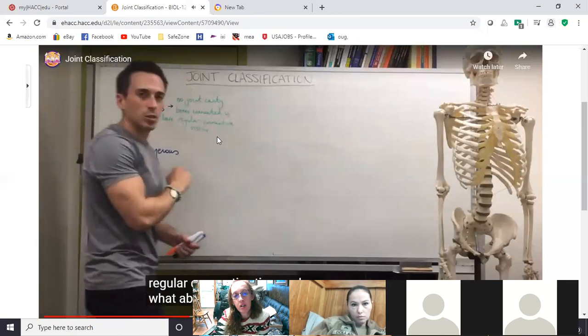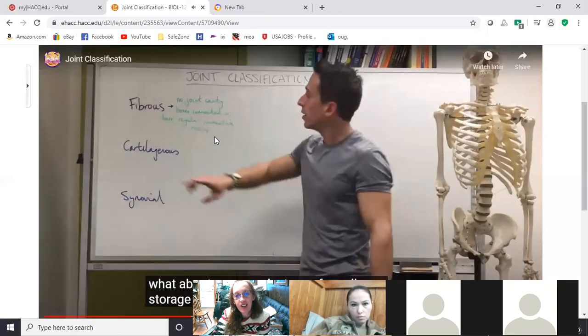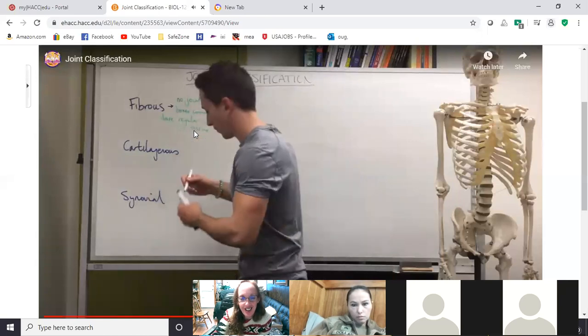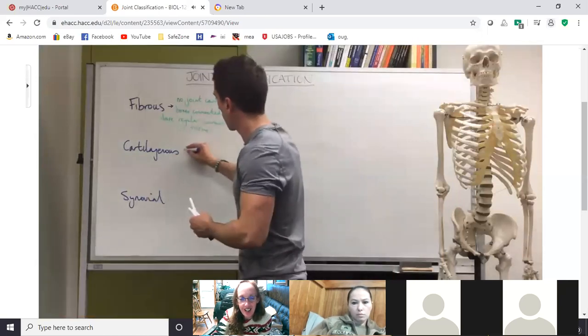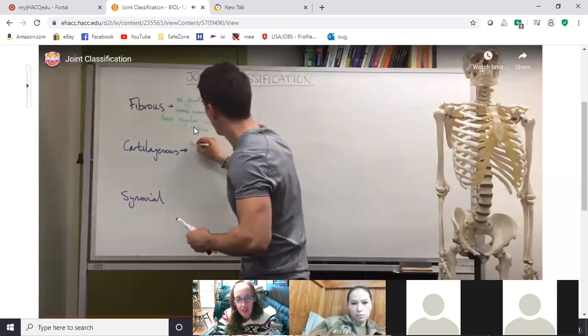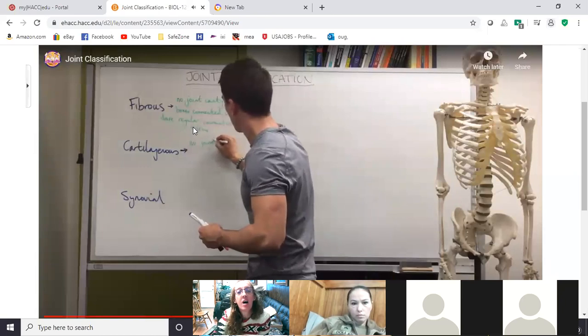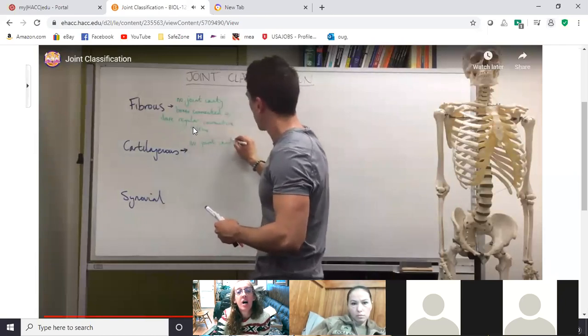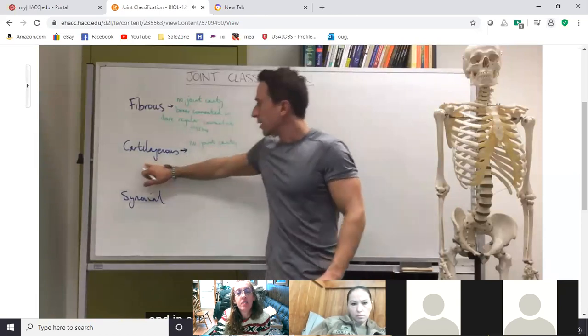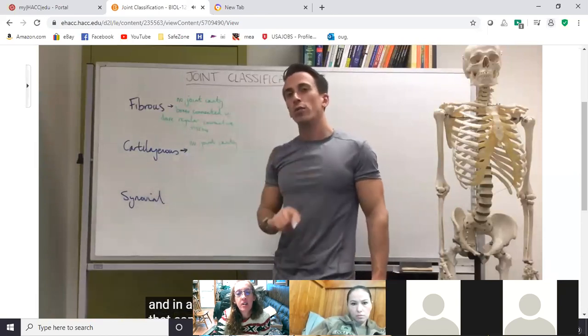What about cartilaginous joints? Well, cartilaginous joints as well, they have no joint cavity. And in addition to that, it's cartilage that connects two bones together.